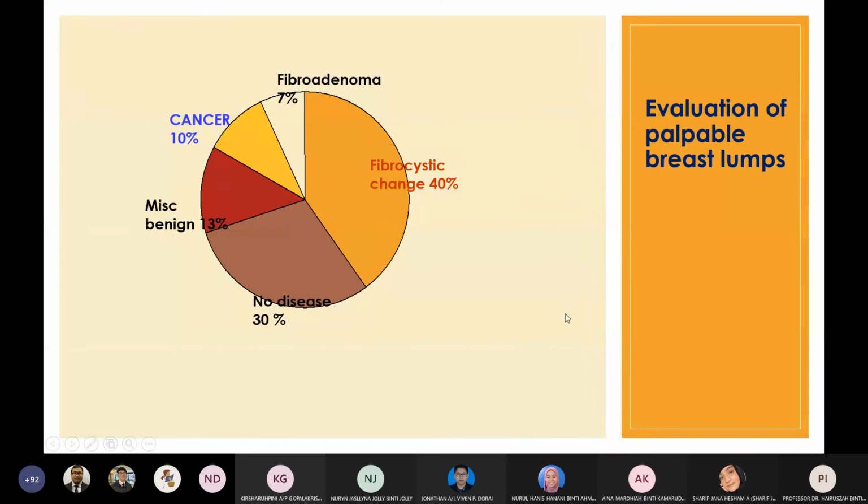Just to share, if a patient comes to you complaining of a breast lump, and you take a biopsy, these are the expected findings. Only about 10% will turn out to be cancerous.